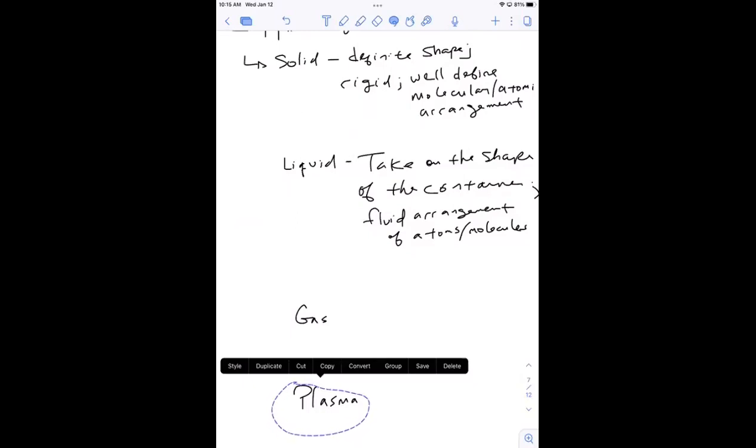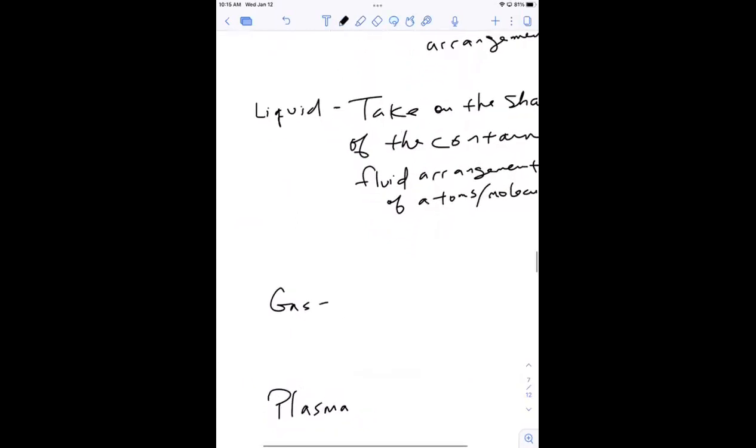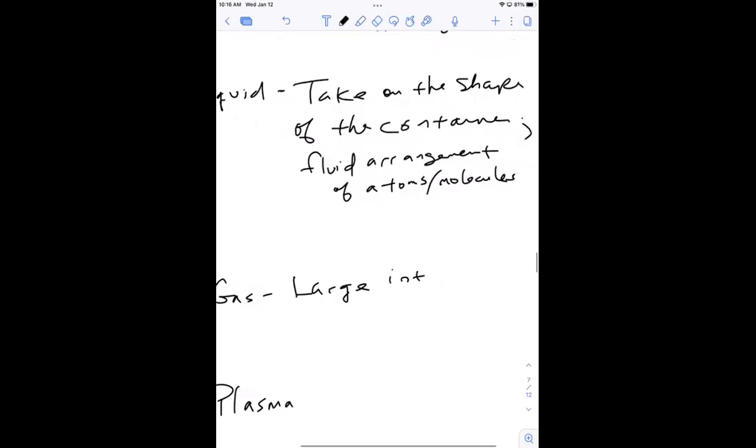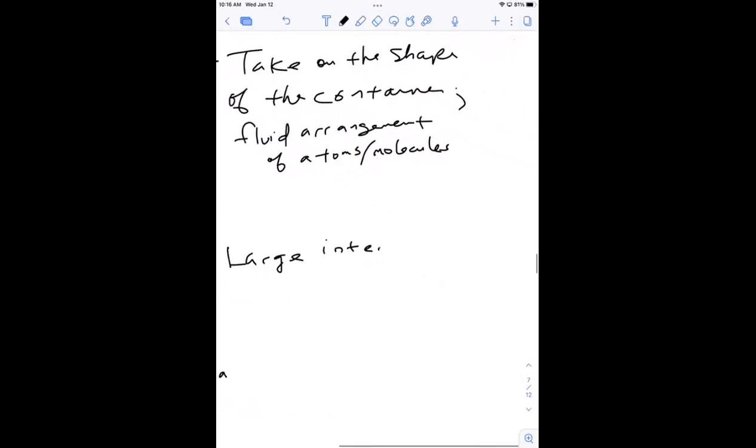All right, what about a gas? Tell me something about a gas that you know. I know their molecules are more spacious. More space. I'm just going to say a large interatomic or intermolecular distance.